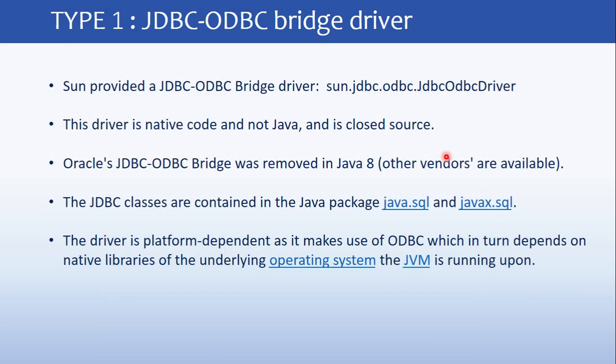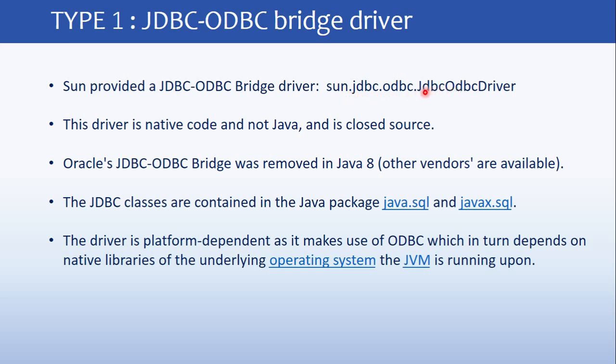Now we'll try to understand some points about the type 1 driver. The type 1 driver is provided by Sun Microsystems as a JDBC-ODBC bridge driver. sun.jdbc.odbc.JdbcOdbcDriver. This is the name of the type 1 driver.